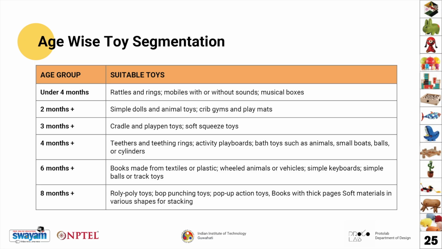At around 2 months and beyond, babies begin to observe shapes and faces. Simple dolls, animal toys, crib gyms, and playmats encourage visual engagement and gentle physical interaction. By 3 months, infants start grasping and squeezing objects.